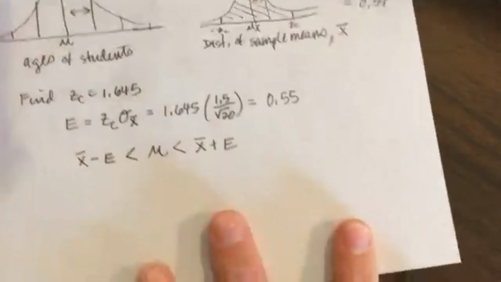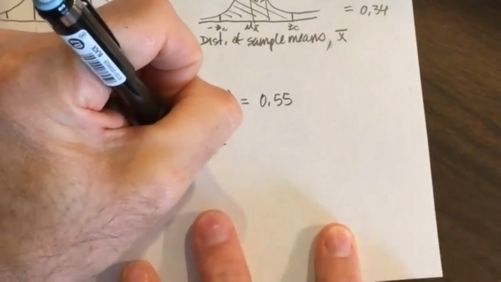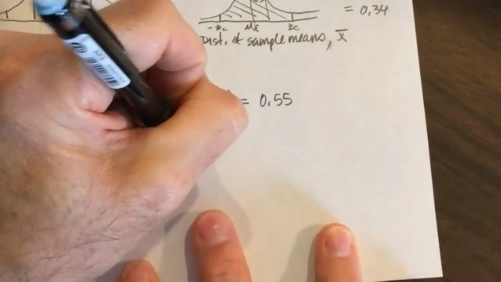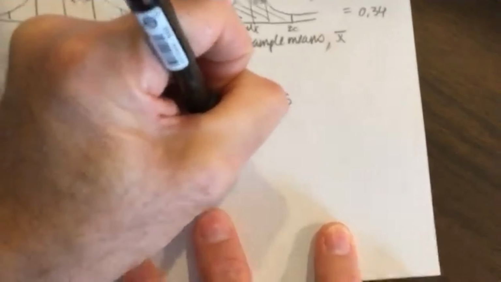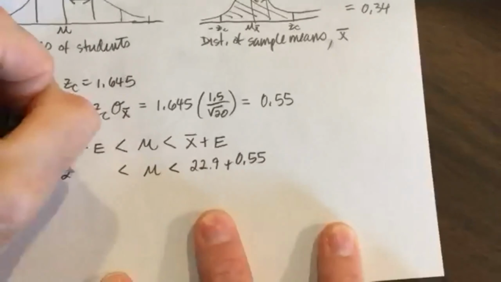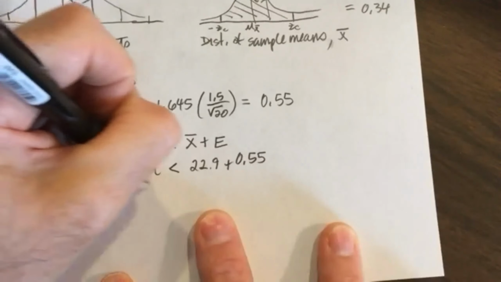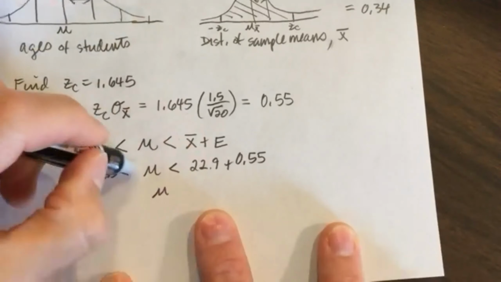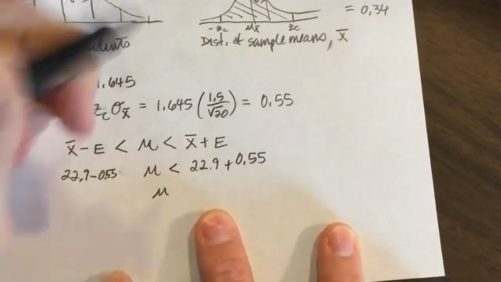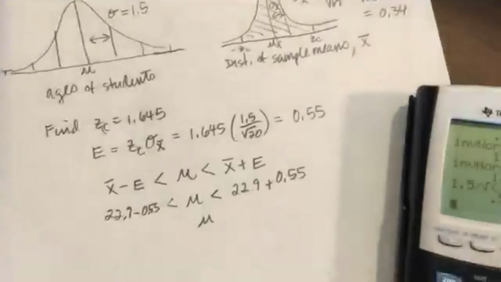So to do that, we'd say the mean then is going to be between, is this 22.9? 22.9 plus the 0.55 and 22.9 minus the 0.55, which means our mean is between, again, I'm going to have to use a little calculator here.